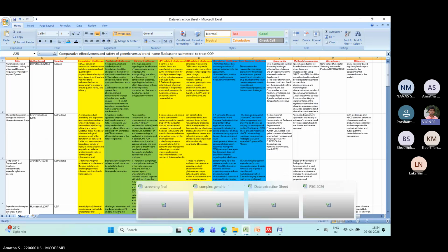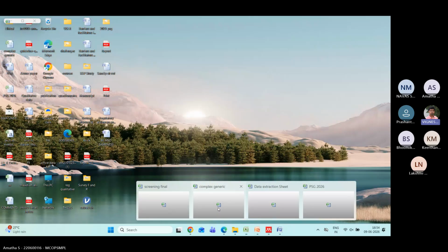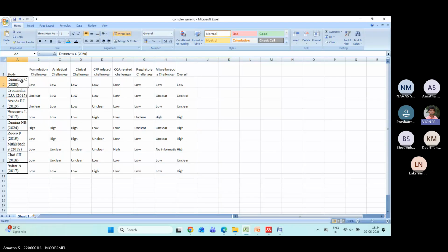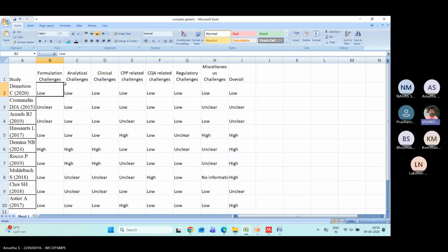So what we will usually do is, we will just write the title like first author and year. Then formulation challenges, less explained in the paper. So I wrote low. Analytical challenges in this paper, everything is telling that these challenges are very low. So I put low. Then in this paper, it is unclear, not clearly mentioned, but all these are low.